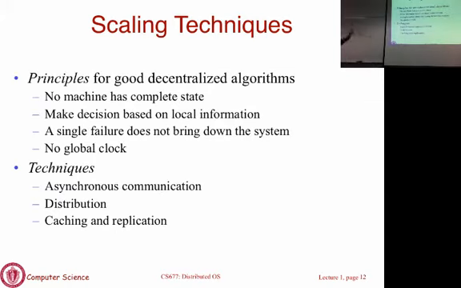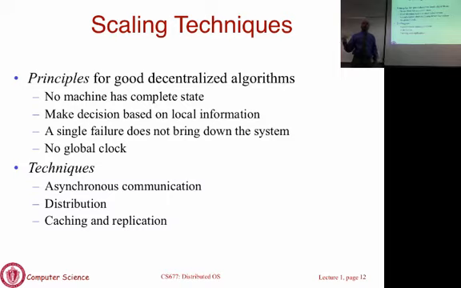So these are some very high-level principles to keep in mind when you design a distributed system or a distributed algorithm. Some of this may not make sense at the moment because we don't have the right context or background for you to appreciate why I'm saying it. But I'm going to state the principles and try to explain them or give some very high-level intuition.